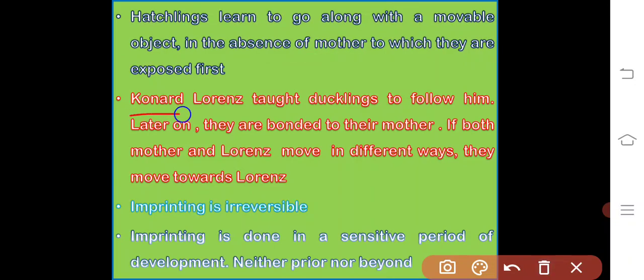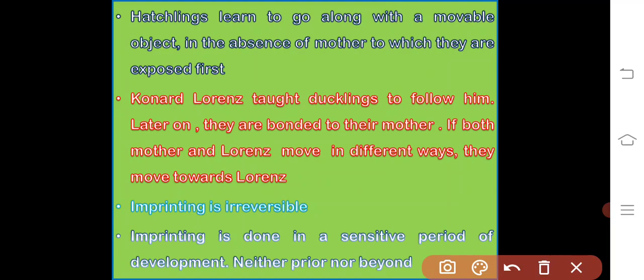Conrad Lorenz was the scientist who taught the ducklings to follow him. In the later stages, they are bound to him rather than their mother, and there is an experiment done on these ducklings. If both the mother and Lorenz are present there and they move in different ways, the mother goes one side and Lorenz goes another side, the ducklings tend to move towards Lorenz, not towards the mother.